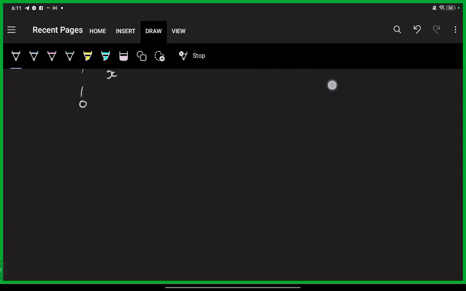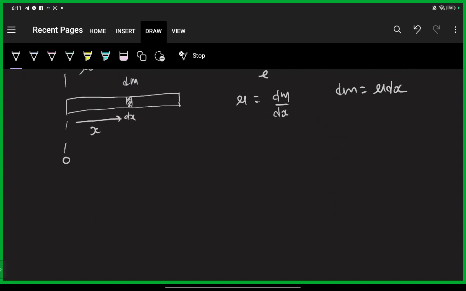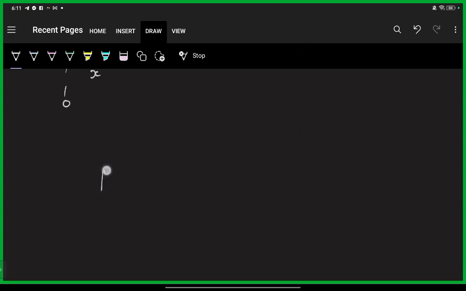One important thing: it is also important from where you are taking an element. Basically we are talking about the origin. So let's say there is this rod given whose charge density is lambda, and it is having a length l.